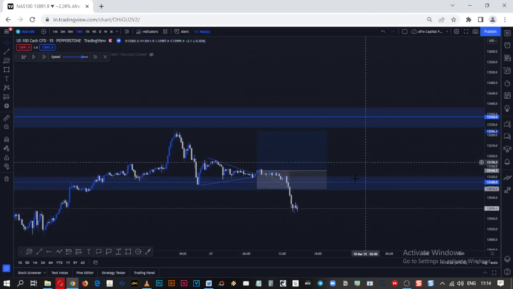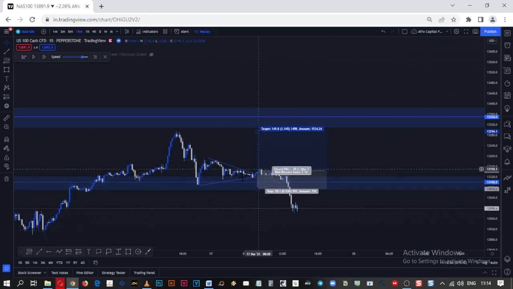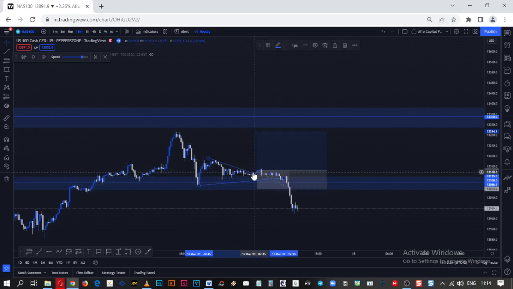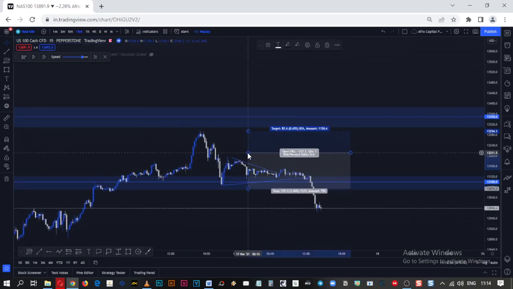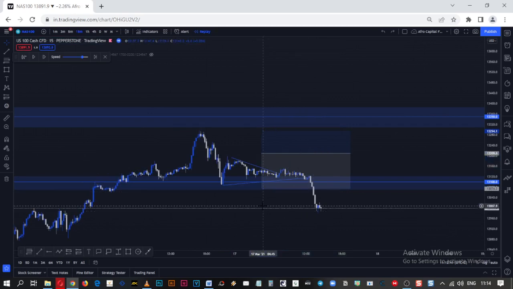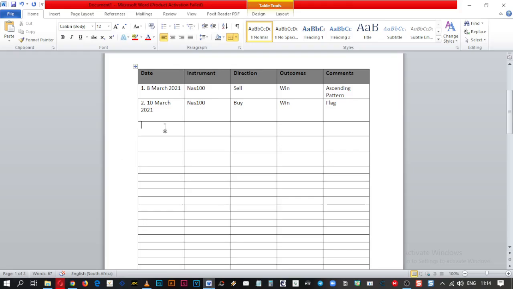Okay, price pushed to the downside, and then we've taken our first loss. Okay, it was on the 17th. 17 March 2021.